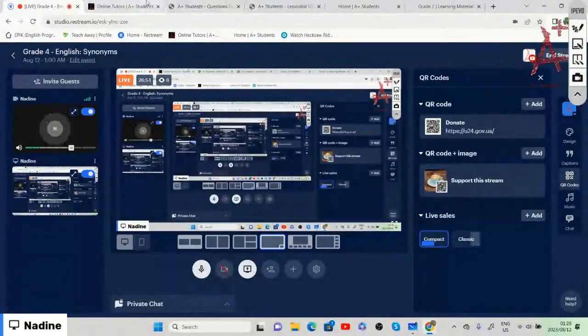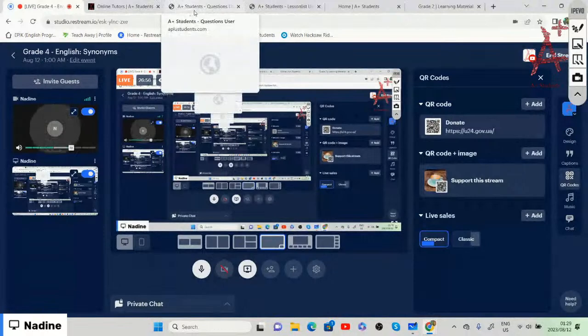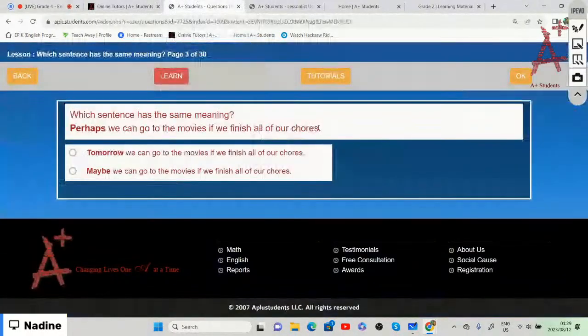I'm not sure if you can see the screen. All right. Perhaps we can go to the movies if we finish all our chores. So the word perhaps, we need to find the sentence that has the same word with the same meaning, right?